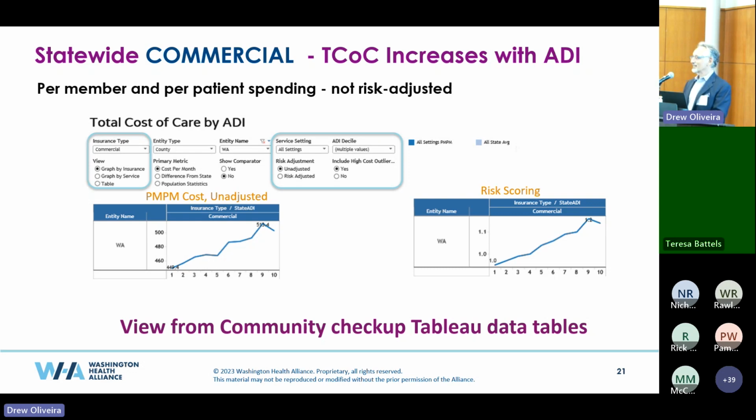I have a question in the audience. Go ahead, Michelle. Can you look at it also by attributed versus non-attributed? Yes, you can. This year, what we put in was you can look by medical group. The way we publicly report it, we report it if you have all 10 deciles within your medical group.